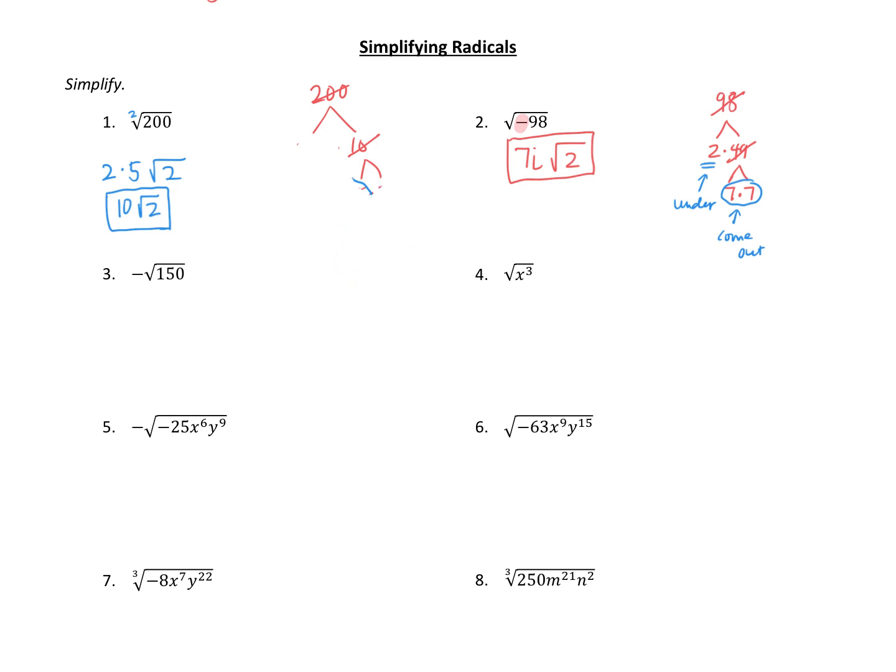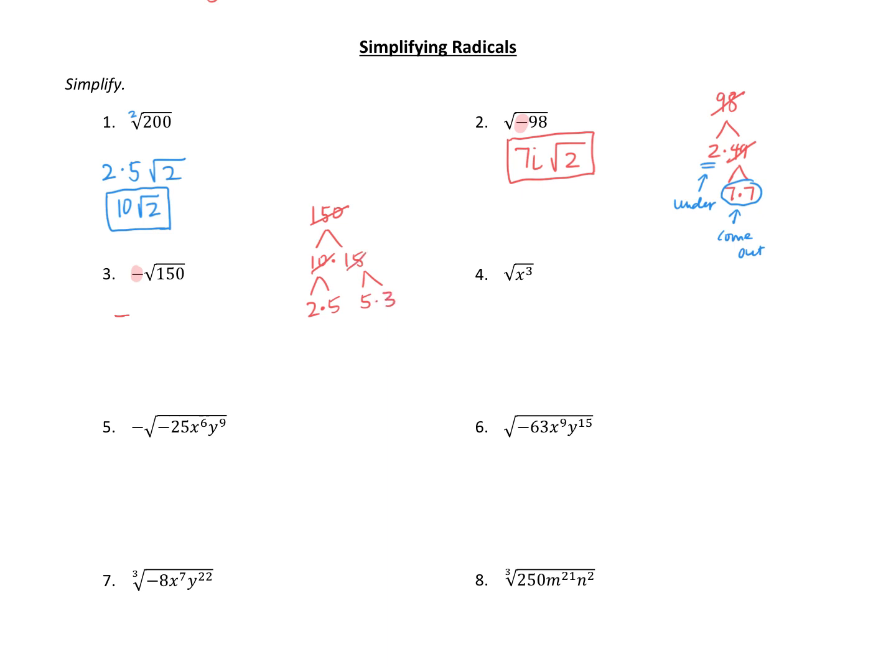Okay, let's look at number 3. We've got negative square root of 150. This will not have an i because the negative is outside the radical, so we can just bring the negative down. And then we want to simplify the 150, so we're going to do a factor tree. We could do 10 times 15. 10 is 2 times 5, and 15 is 5 times 3.